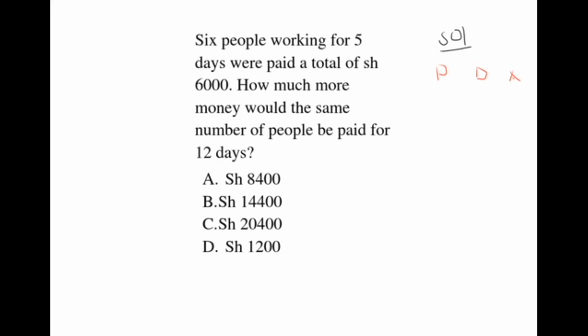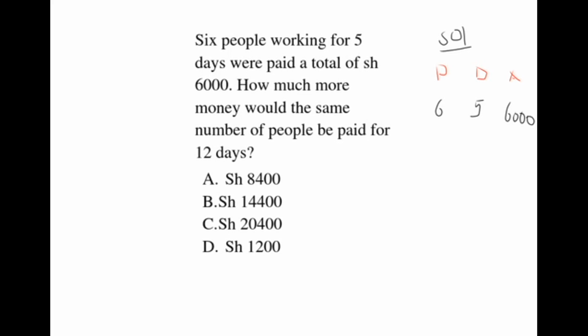So we are told that 6 people working for 5 days are paid a total of 6,000. So we have 6, 5, amount 6,000.